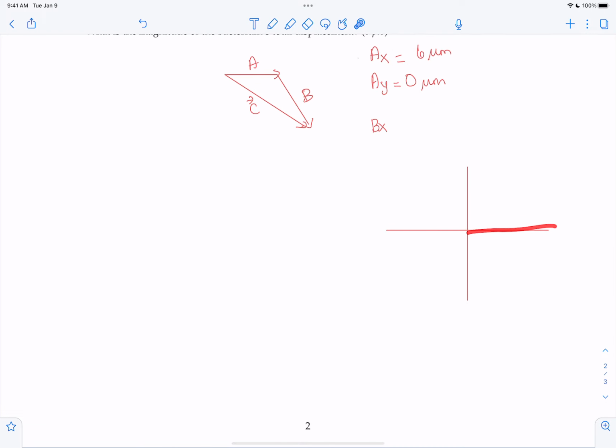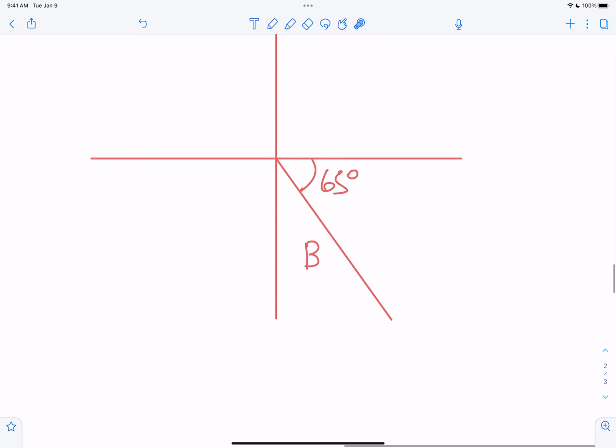So if this is east, then we're going south, so this would be the angle right there. This is 65 degrees south of east, and this is our B. So if we look at it here, is there an X and Y direction to B? Or is it only Y or only X? What do we have?